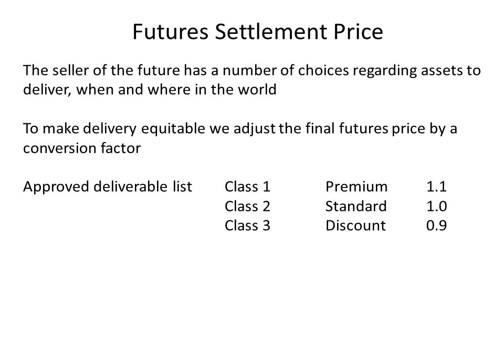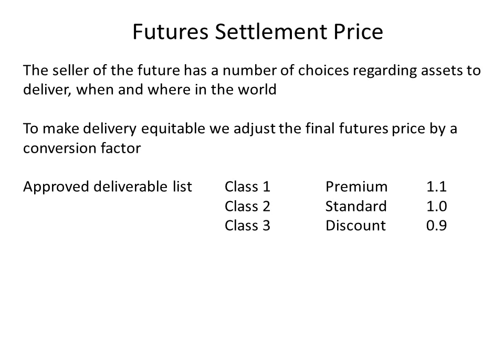Of course, the futures contract also allows for the seller of the futures contract to deliver a premium quality asset if they choose, in which case the final futures price is adjusted upwards by a factor of 1.1. That means that the buyer of the futures contract is getting an above standard quality asset, so therefore expects to pay a higher price.